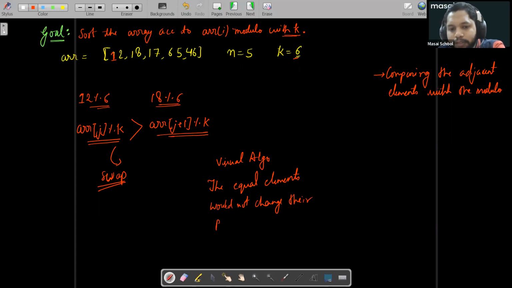So if the modulus is equal, the first will remain first and second will remain second. No need to do anything, guys. So this will be the simple logic. Can we simply move to the code part?